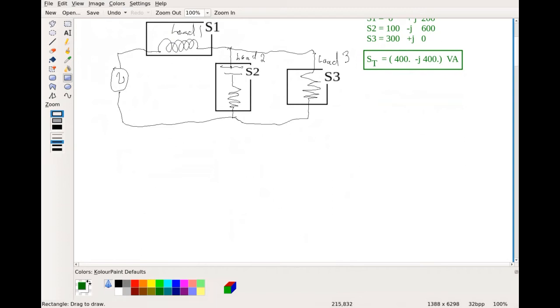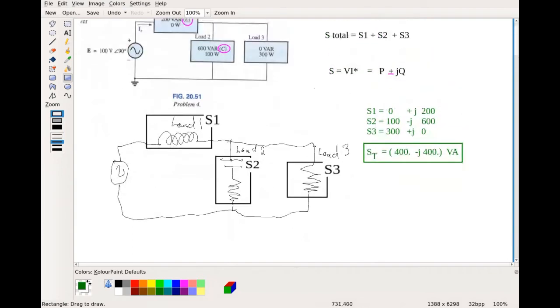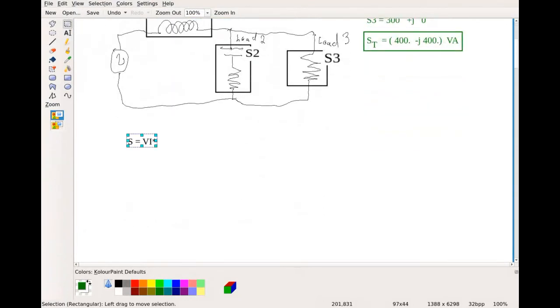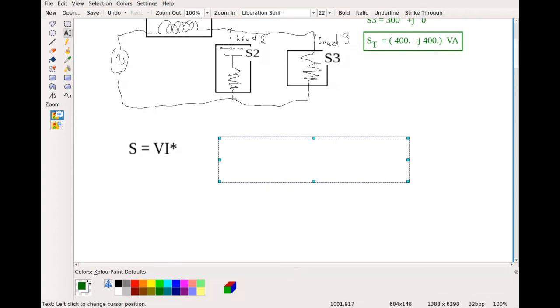All right. And so then coming back up here to our original equation, we have that S is equal to V times I conjugate, which gives me, if we rearrange this, I conjugate is equal to S divided by V, right?